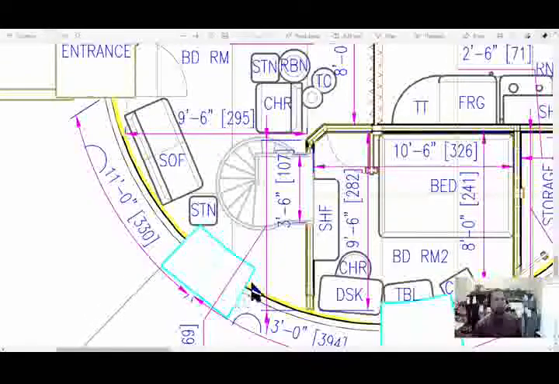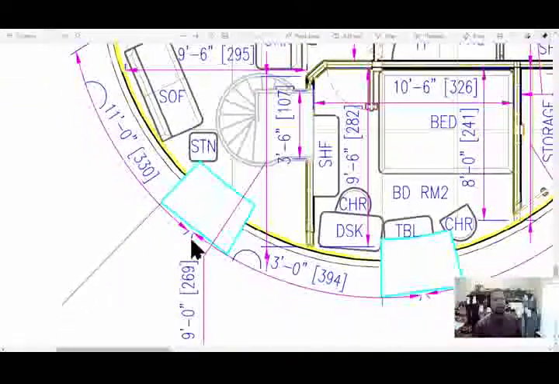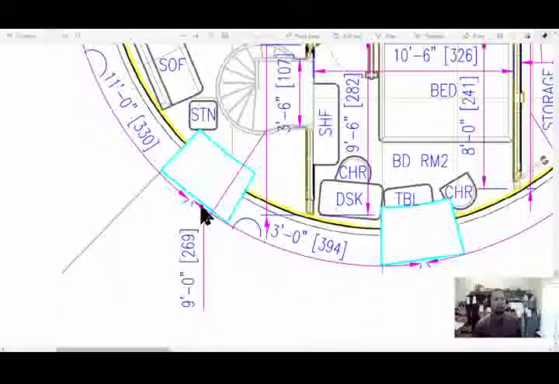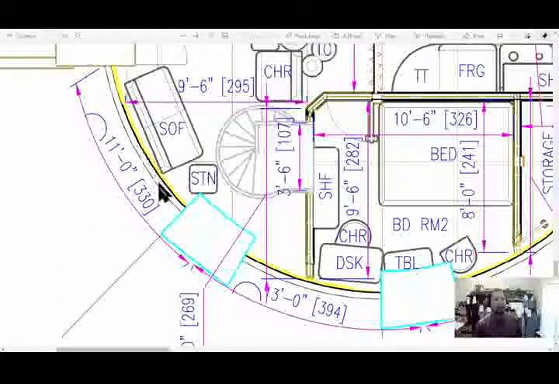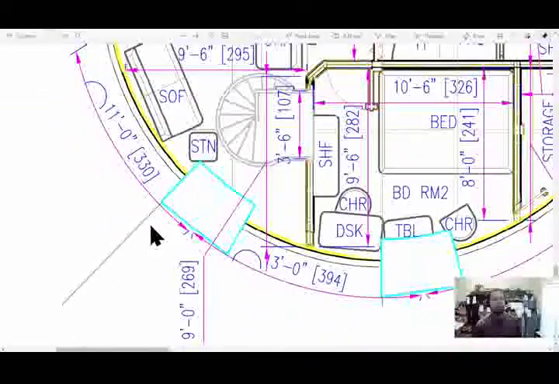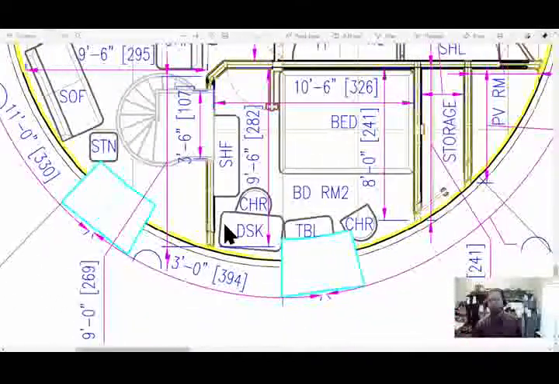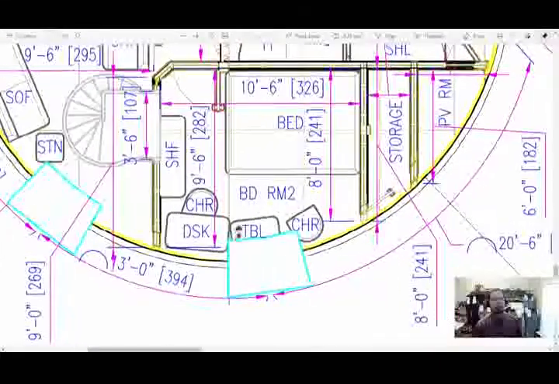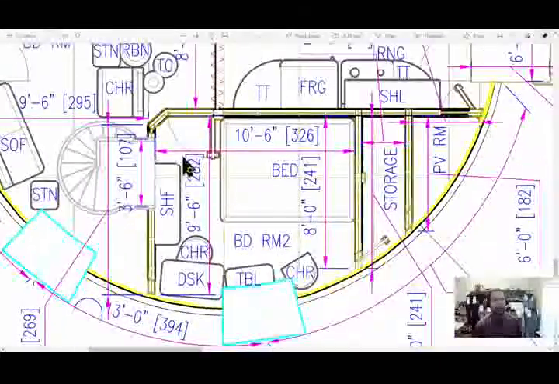The window is also detailed here, and measurements for those as well, to where their location is as far as their circumference goes, from this edge to the middle of the window is measured and given as a dimension. Again, dimensions given throughout, mainly in each room, as wall lengths, since there's a curvature here.